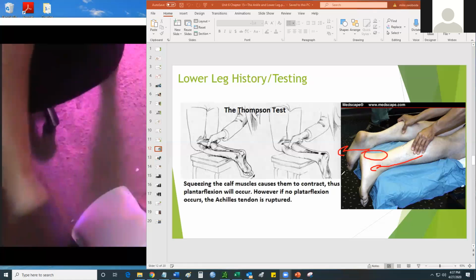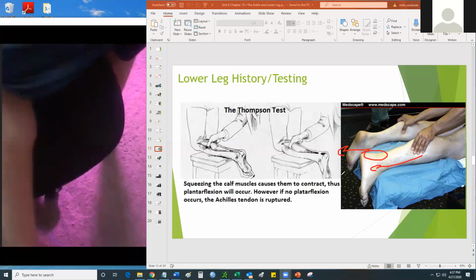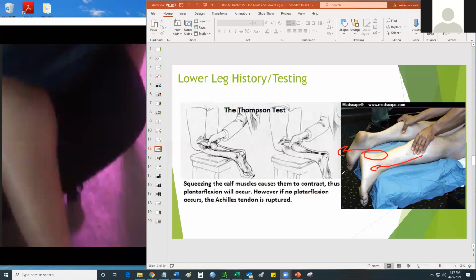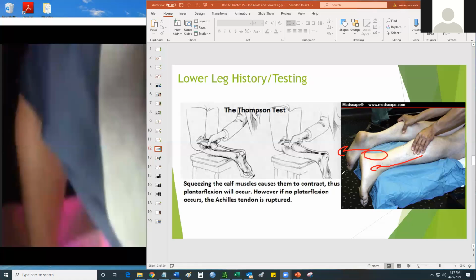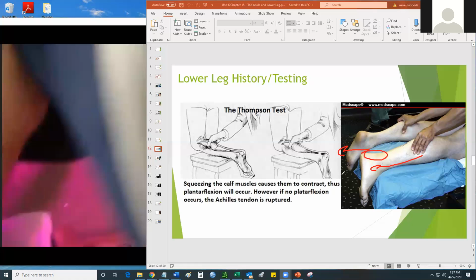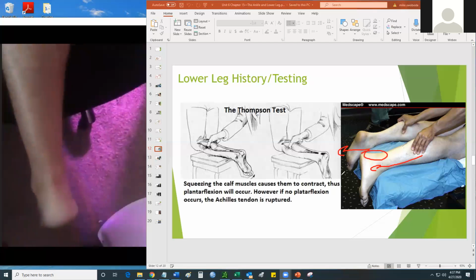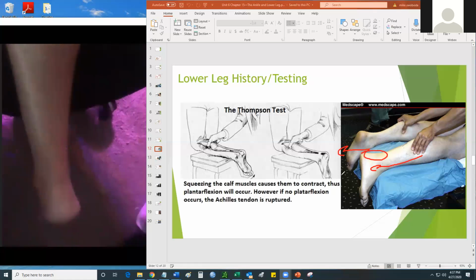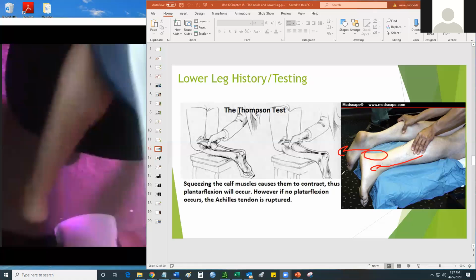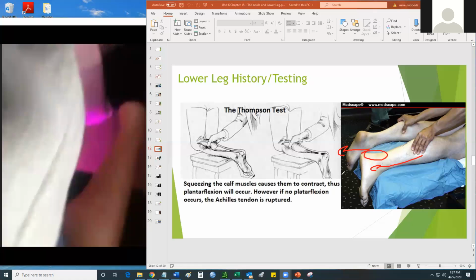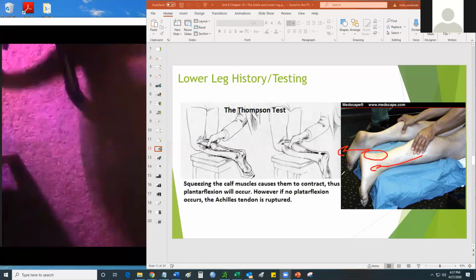So here is my calf and almost, there we go, calf and ankle. I'm going to try, hopefully be able to do this. Yeah, it's just a little tough here.